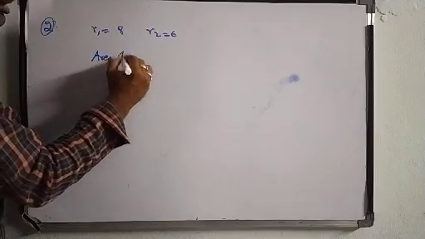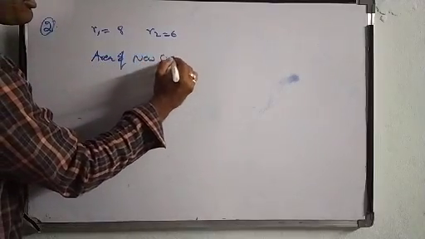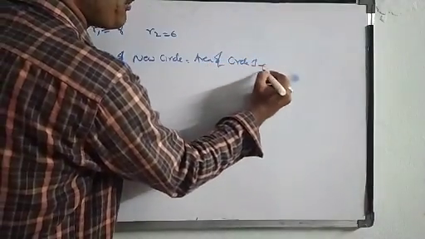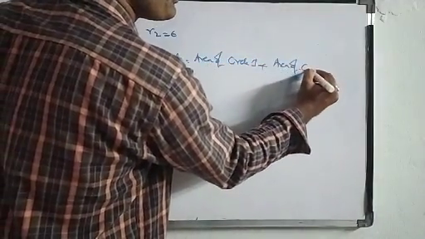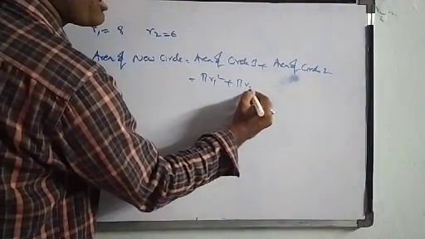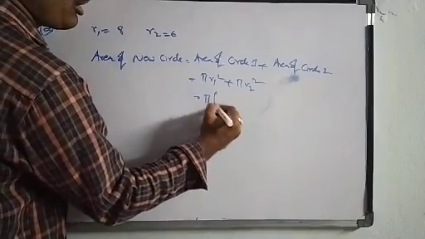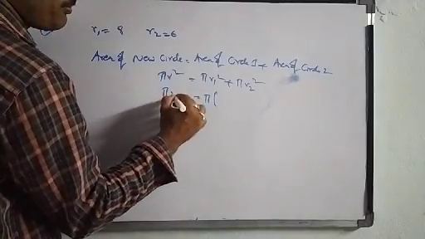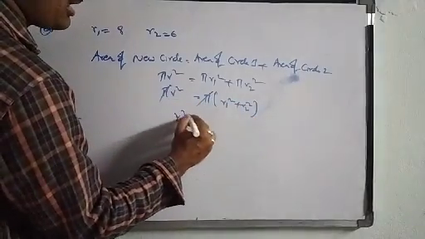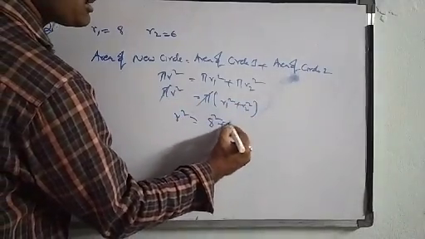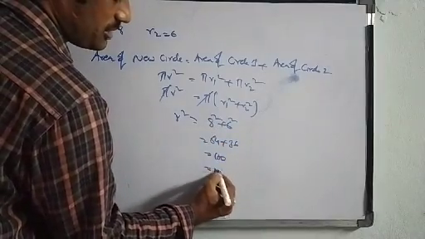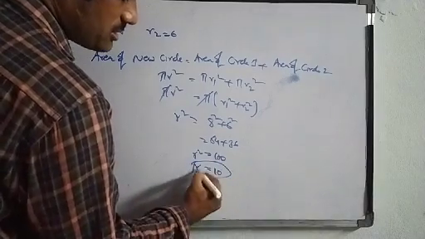So the area of the new circle is equal to the area of circle 1 plus the area of circle 2. The area of a circle is pi r1 square, plus pi r2 square. So I can take pi common. R square is equal to r1 square plus r2 square, pi gets cancelled, so R square is equal to 8 square plus 6 square. So 64 plus 36, which is 100, so R is 10. So the radius is 10.